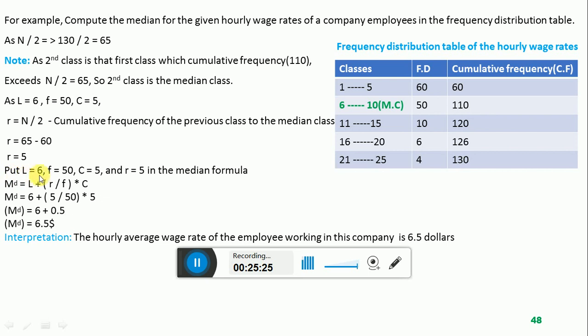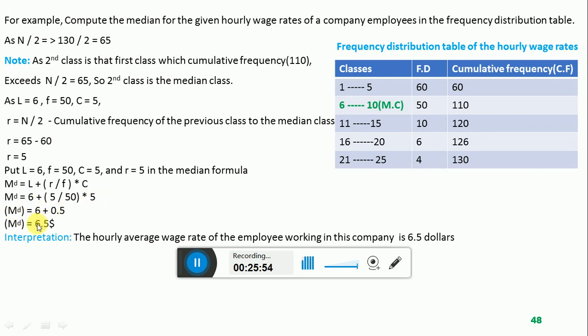Put L is equal to 6, F is equal to 50, C is equal to 5 and R is equal to 5 in the median formula. MD is equal to L plus R divided by F, whole multiplied by C. MD is equal to the lower limit 6 plus the required number of data items 5 divided by the frequency of the median class 50, multiplied by the class interval 5.